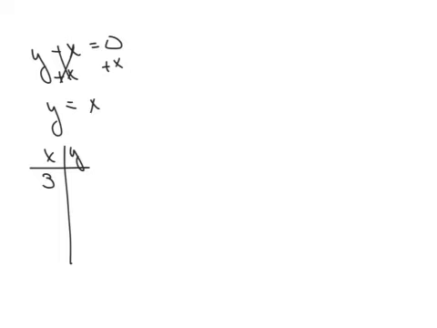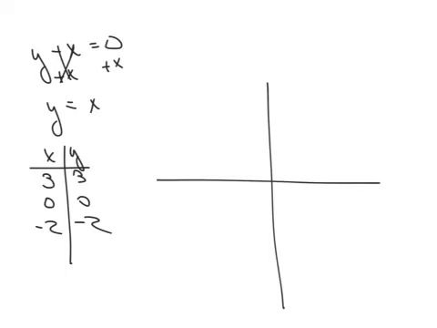Well, if x is equal to y, if x is 3, y is 3. If x is 0, y is 0. If x is negative 2, y is negative 2. And when I graph these, what I get is (3, 3), (negative 2, negative 2). I get a line basically that cuts right through the origin that looks like that.